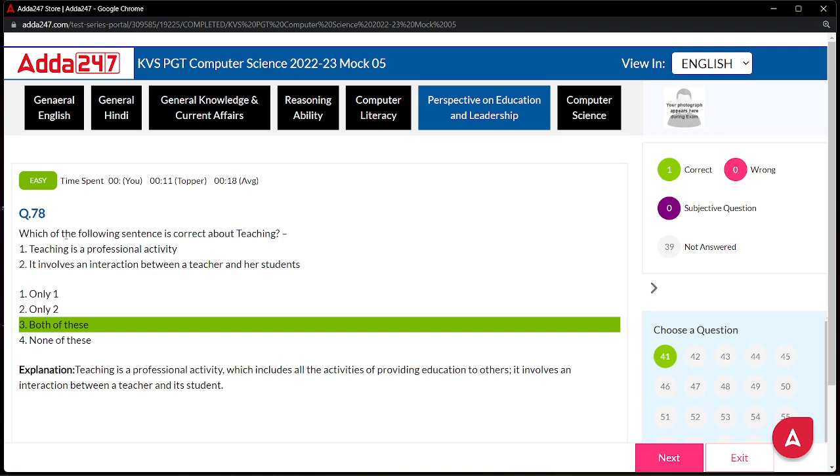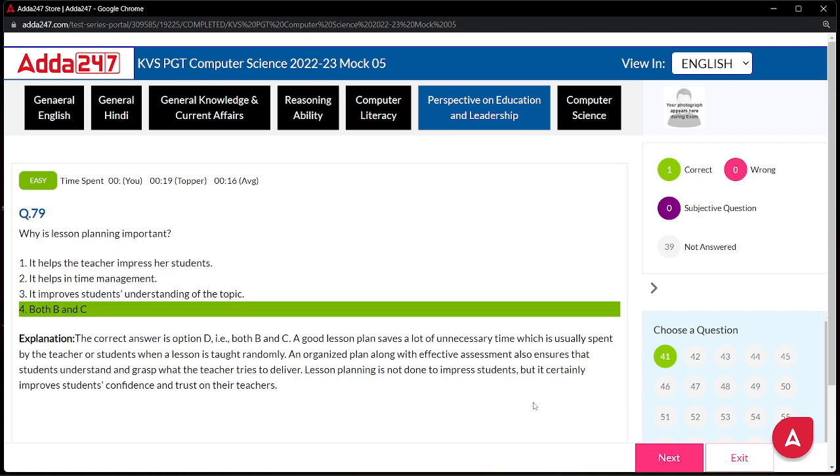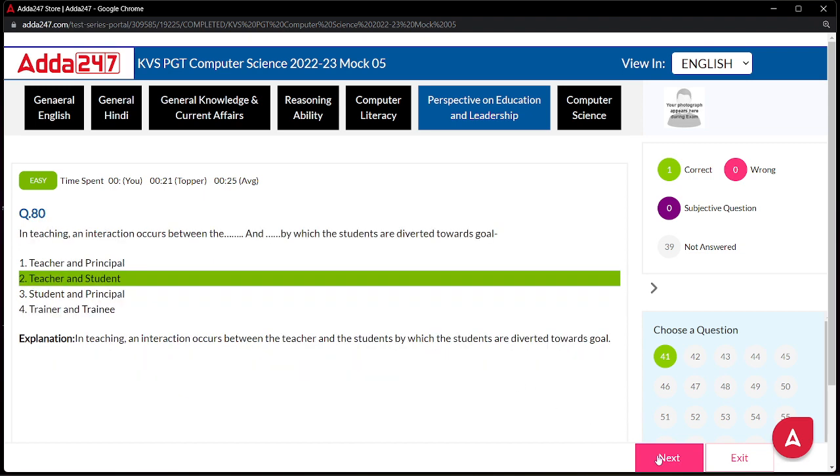Then second last, which of the following statements is correct about teaching? Teaching is a professional activity and it involves interaction between teacher and student. Then, why is lesson planning important? Lesson planning is important because it helps time management and improves students' understanding of the topic.